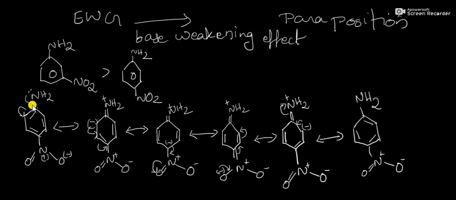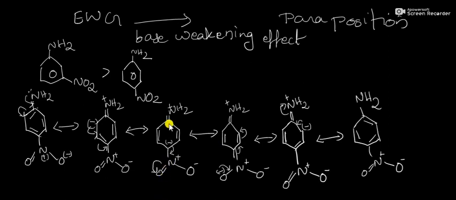So the electrons shift to this bond and this bond will shift to carbon and nitrogen gets positively charged, and this negative charge will shift to this bond and this double bond will shift to this carbon, and the negative charge again shifts to nitro group, and these are the resonance structures.